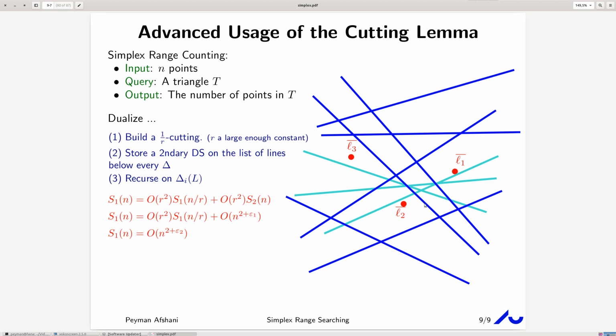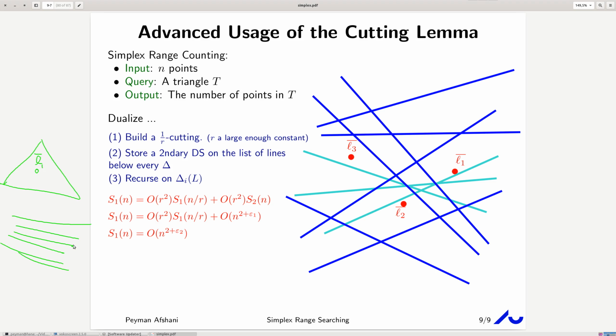Remember, for a triangle in my cutting, I have stored the lines that pass below it in a secondary data structure. So at the query time, I look at L1 bar. Remember that I'm interested in a set of lines that pass below L1, above L2, and below L3.